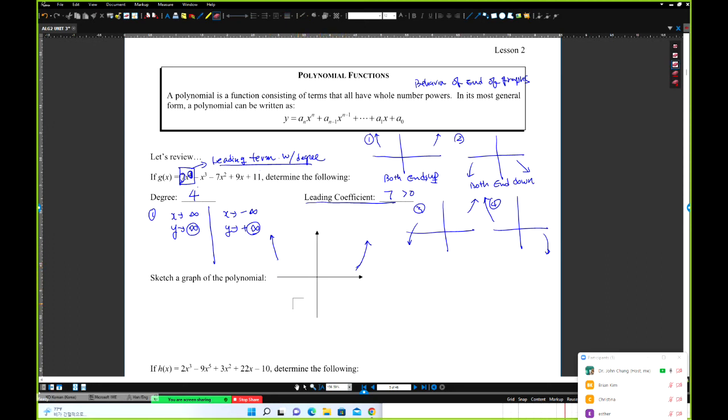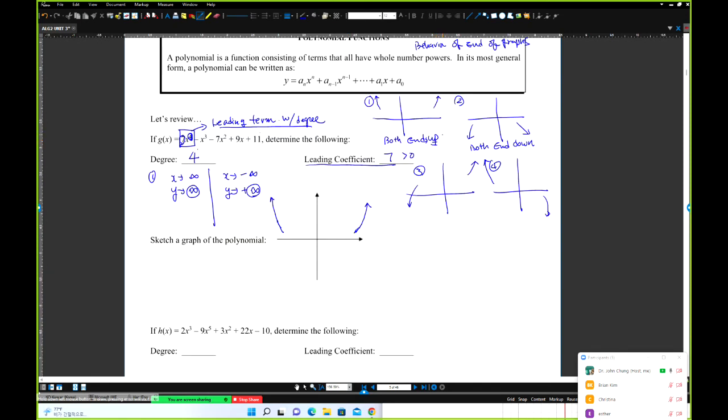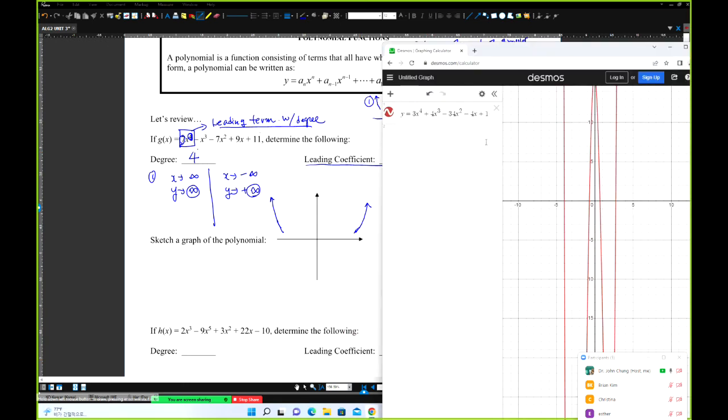We only care about the end behavior of the graph. Using the graph, we're going to make sure both sides rise up. I'm going to show you the graph one more time.